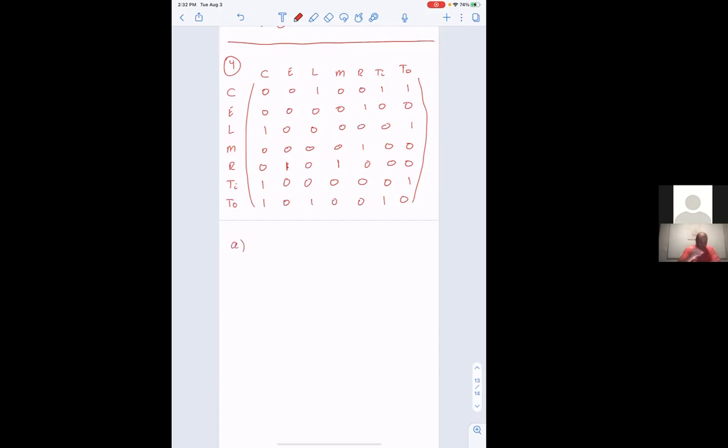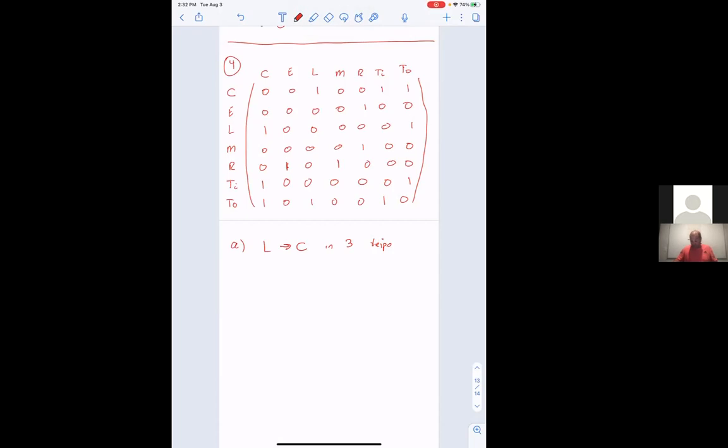Okay, so A. Find the number of routes you can travel to get from Lochboisdale to Castle Bay in 3 trips. No problem. The only problem is entering this in my calculator.